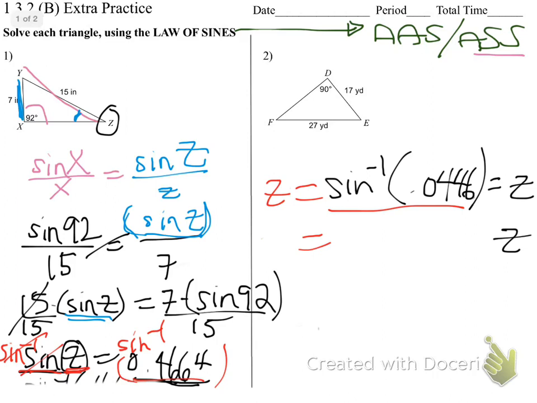I had to press second on my iPhone app to get sine inverse. The sine inverse of 0.4664 is 27.8 degrees in degree mode. Okay, and so that is my correct answer. Yep, 27.8. So I know that this angle right here is 27.8 degrees.